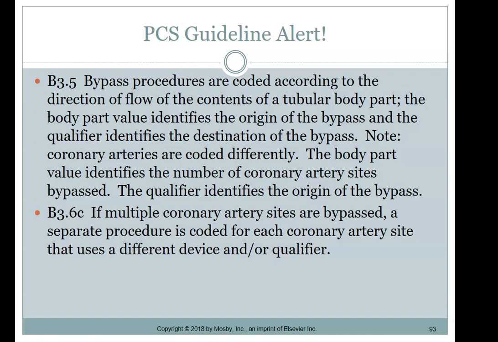The body part value identifies the number of coronary artery sites bypassed. The qualifier identifies the origin of the bypass. B3.6c: if multiple coronary artery sites are bypassed, a separate procedure is coded for each coronary artery site that uses a different device and/or qualifier.